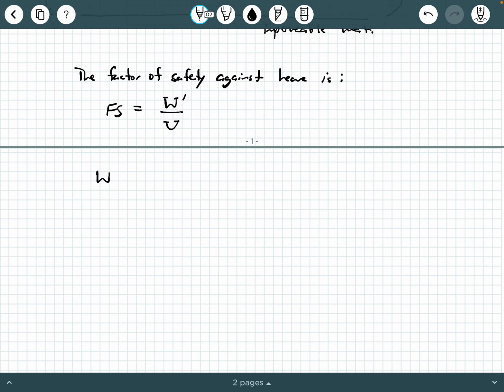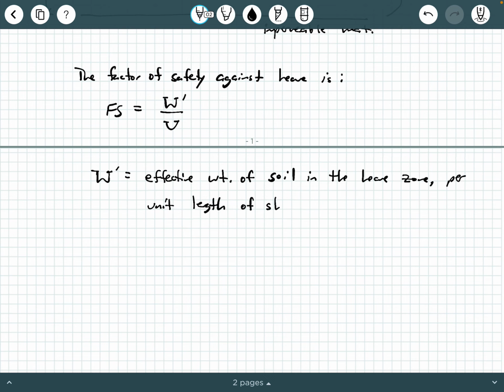Well, W prime is going to be the effective weight of soil in the heave zone, in terms of per unit length of sheet pile.